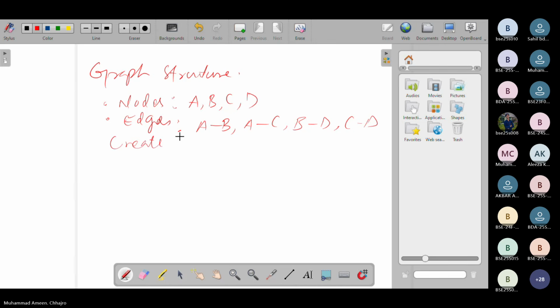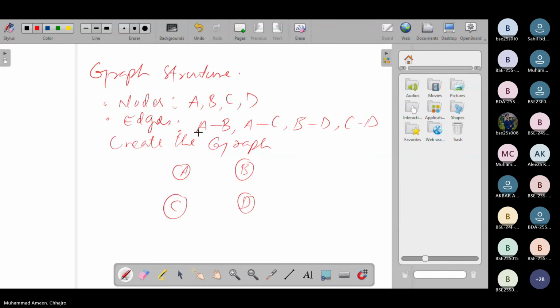So create the graph, right? So if we create the graph, the nodes are given. So meaning that node A, node B, node C, and node D, because there are 4 nodes in the graph.